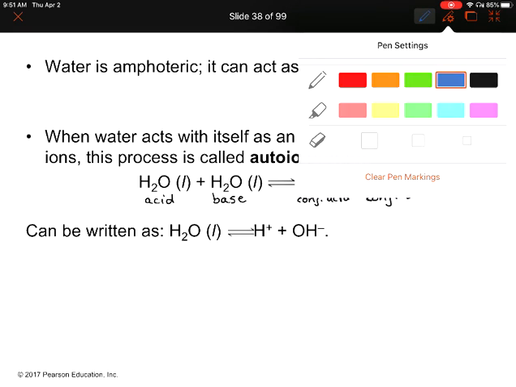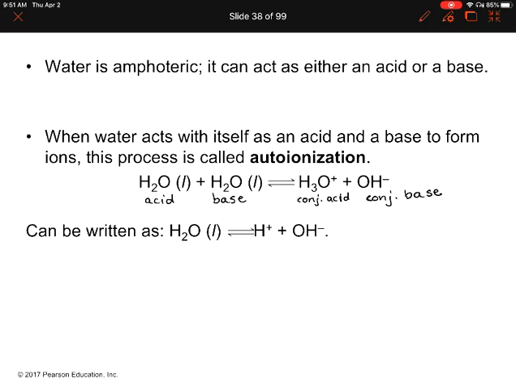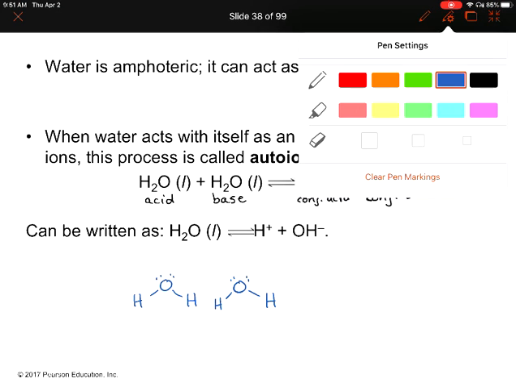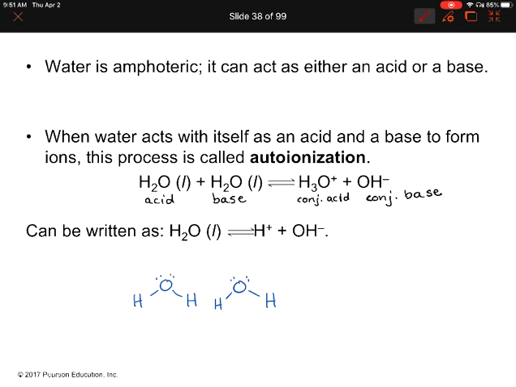Let's actually draw out the arrow pushing mechanism for this reaction. So in the space below, I'm going to draw the Lewis structures for both water molecules. And let's draw those arrows. So if the water molecule on the right is the base, that means that it's going to accept a hydrogen from the acid.